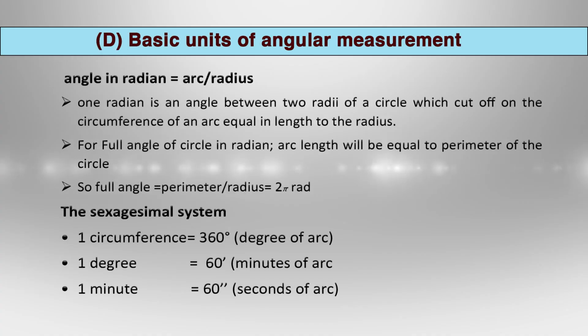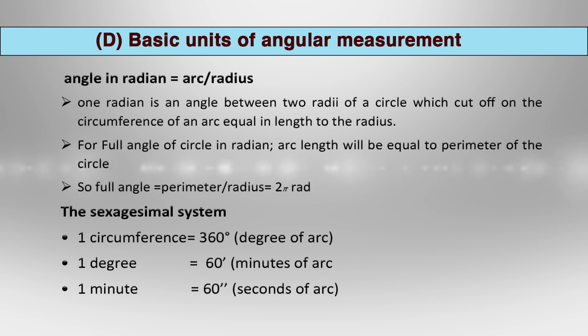Angle in radian can be expressed by this particular expression: angle is equal to arc by radius. So if we divide arc by the radius, we will get angle in radian. So how can we define 1 radian?